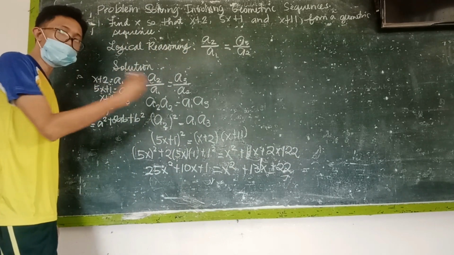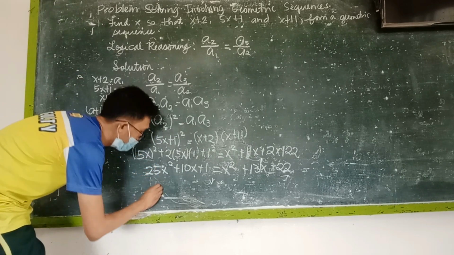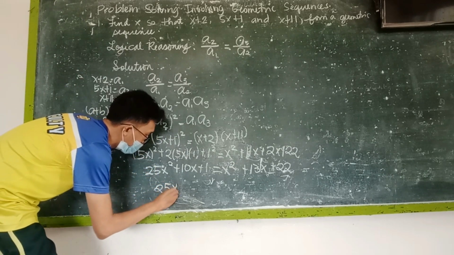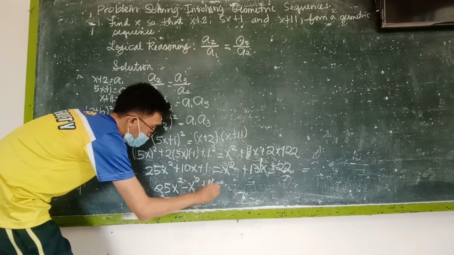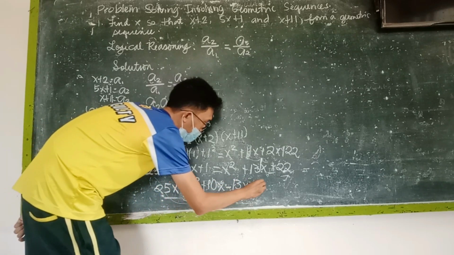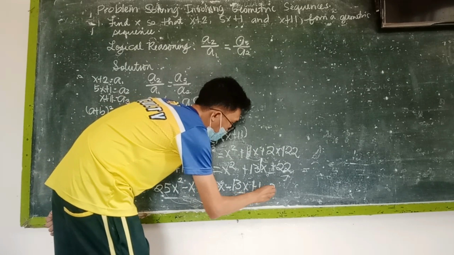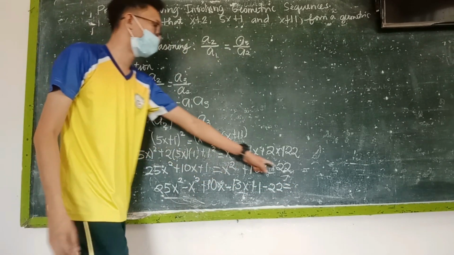Now, we will combine like terms. So, lahat ng terms natin i-left side natin. So, magiging 25x squared minus x squared plus 10x minus 13x plus 1 minus 22 is equal to, ito, kukunin natin yung additive inverse.